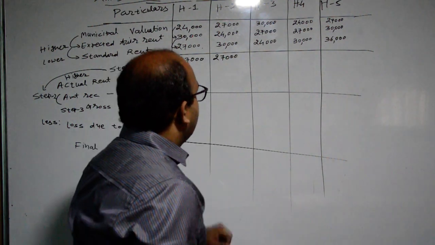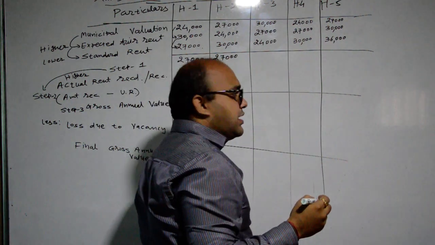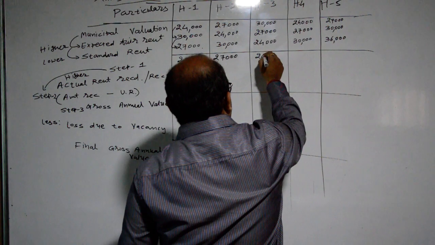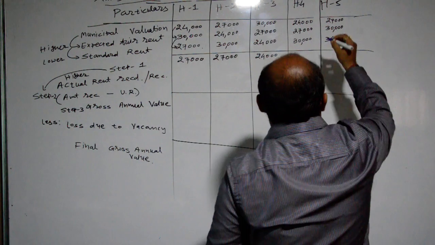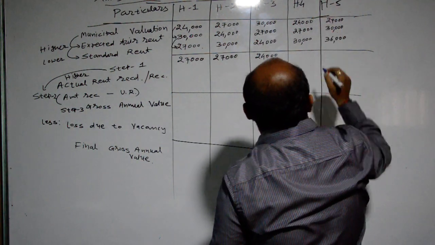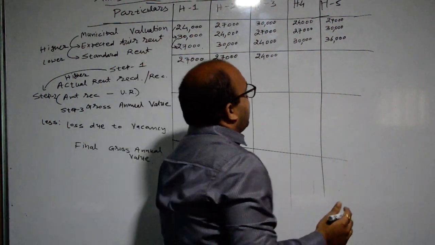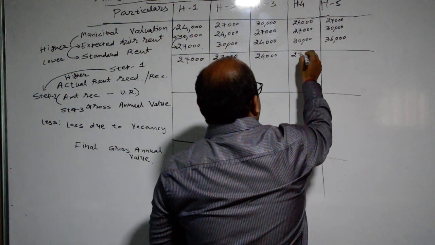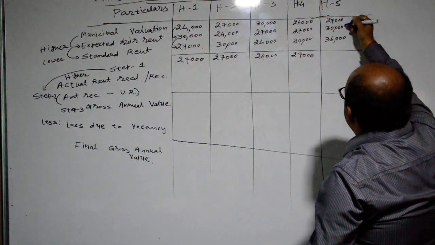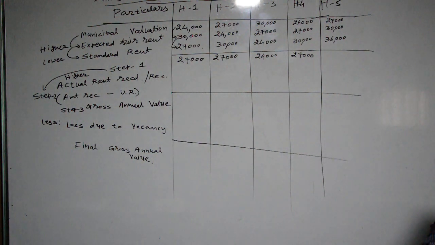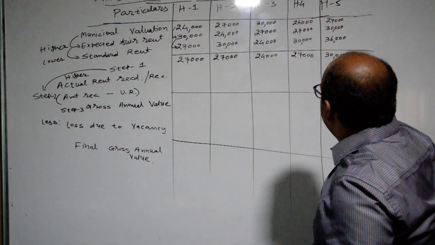Then 27,000 and 24,000, the higher value is 27,000, and it will be compared with standard rent of 30,000. Here the lower value will be considered, that is 27,000. Then 30,000 and 27,000, so 30,000 will be selected and compared with 24,000, so 24,000 is the value. Then 24,000 and 27,000, the higher value is 27,000, compared with 30,000, so 27,000. Then 27,000 and 30,000, the higher is 30,000, compared with 36,000, so 30,000 will be considered.